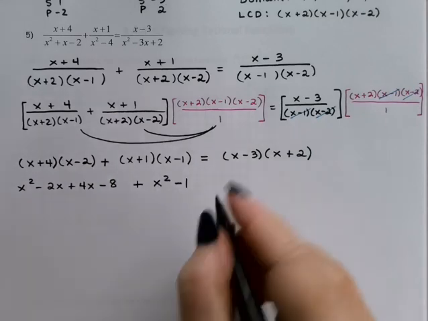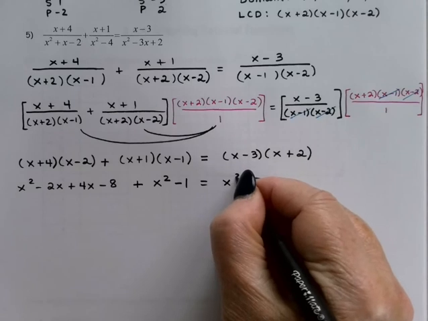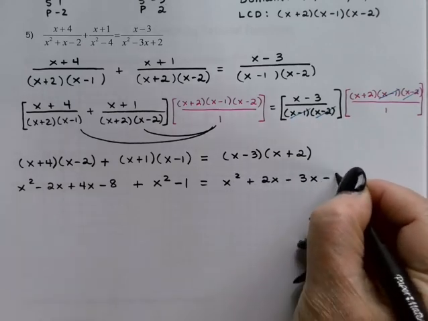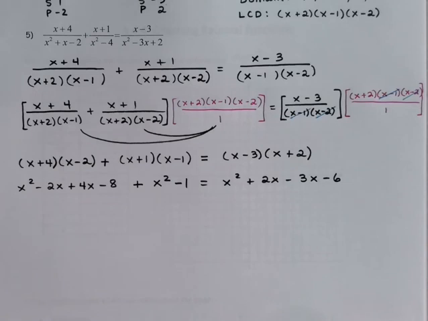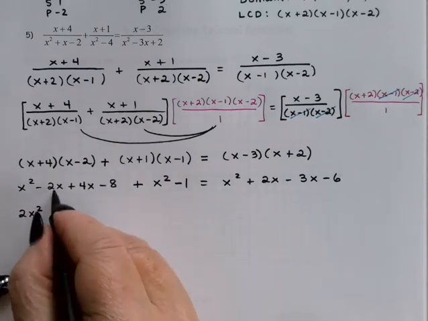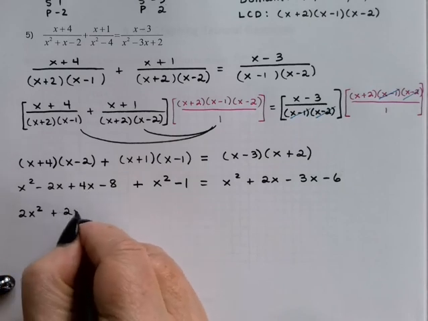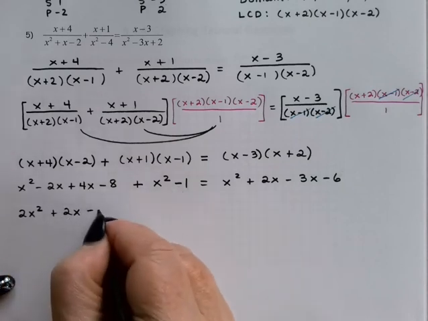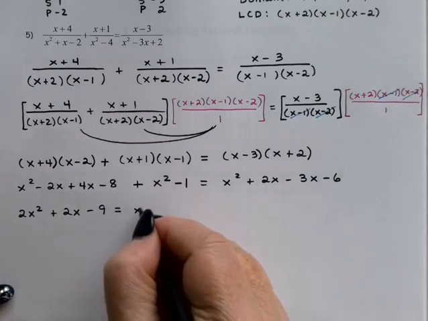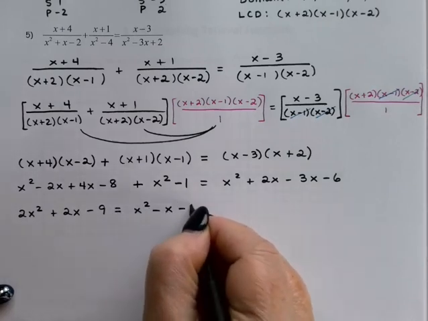And then a minus 1 equals x squared plus 2x minus 3x minus 6. On the left I have 2x squared, a positive 2x, and a negative 8 and negative 1 make negative 9. And on the right we have x squared minus x minus 6.